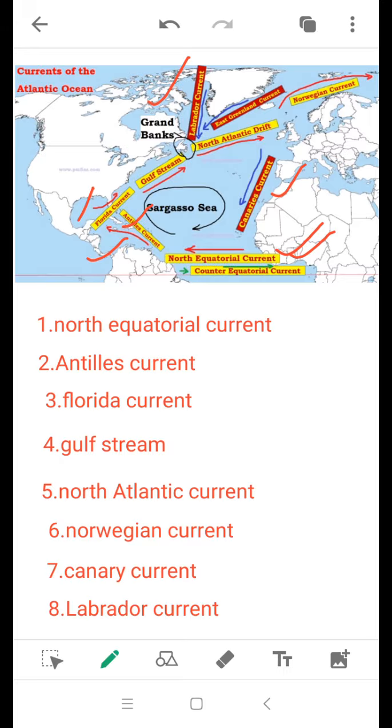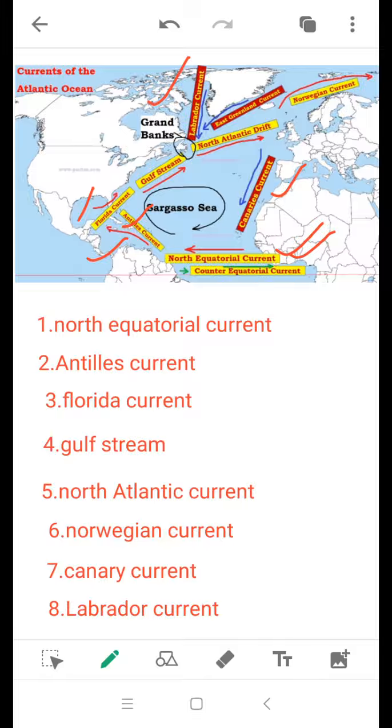This North Equatorial Current is above the equator, which is at least 5 degrees north. When the equatorial current strikes the coast of Brazil, it gets divided into two branches. One branch goes to the coast of Antilles, and one branch goes in the southward direction.